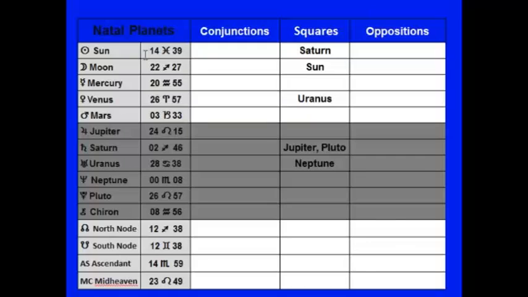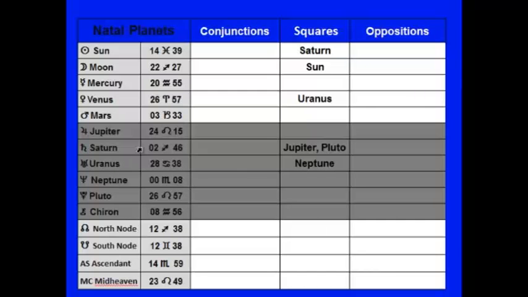We would take the Sun and write in its square Saturn. And just for simplicity, I took the Moon and wrote the Sun here instead of writing the Moon up here. You could write the Moon and Saturn up here and then not write anything here with the Moon, because you don't want to put it in twice. You're only going to put it in once. Venus is square Uranus, and Saturn is square Jupiter and Pluto, and Uranus is square Neptune.